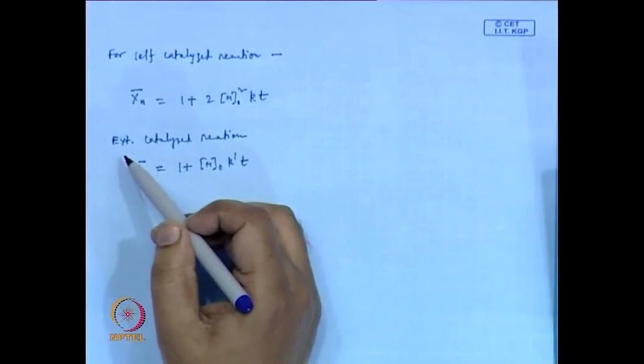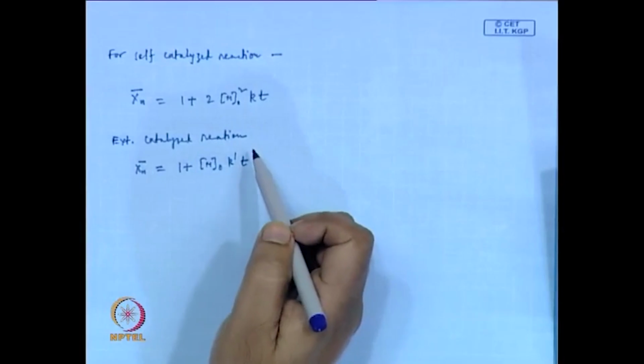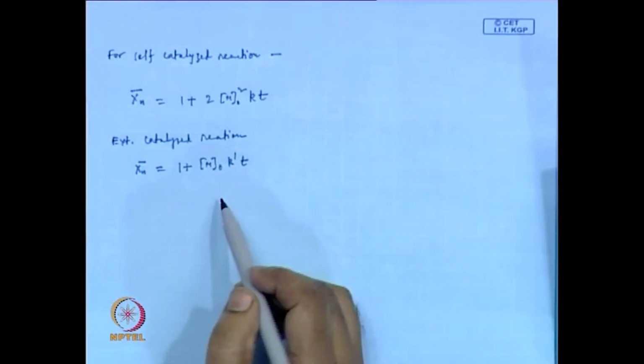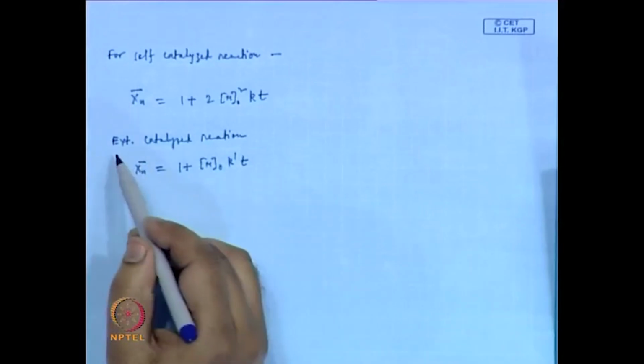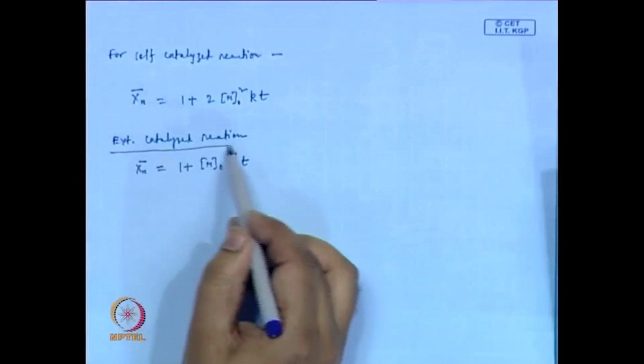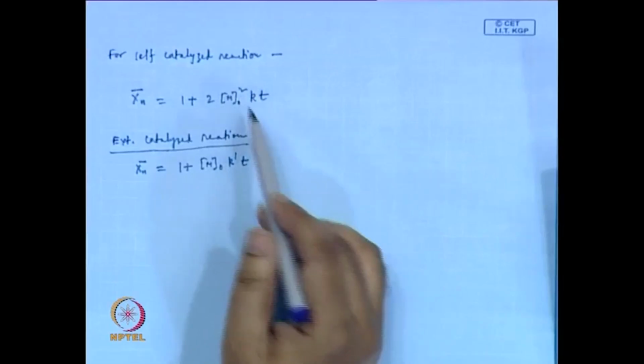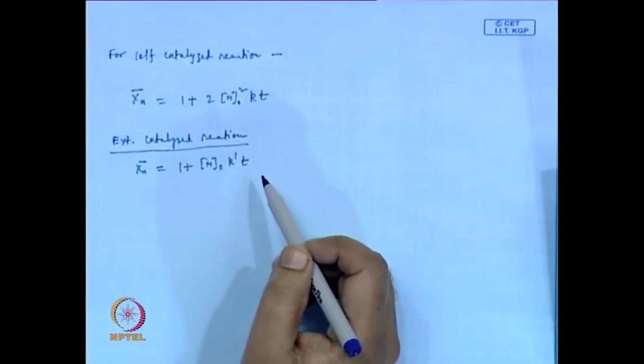So most of the reactions in an industrial setup are carried out as external catalyzed reactions. In our discussion we will mainly focus on the external catalyzed reaction, and we will not discuss too much about the self catalyzed reaction.